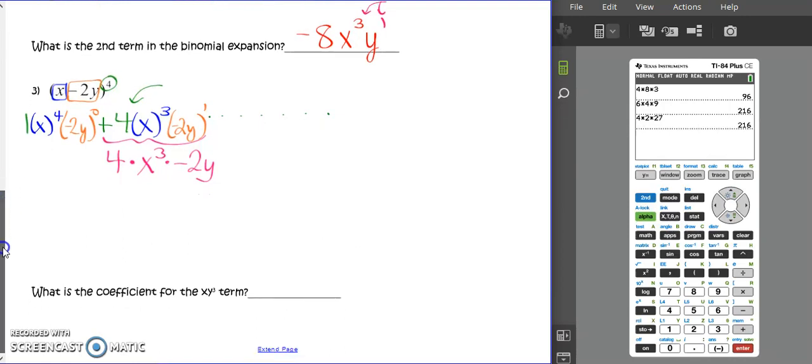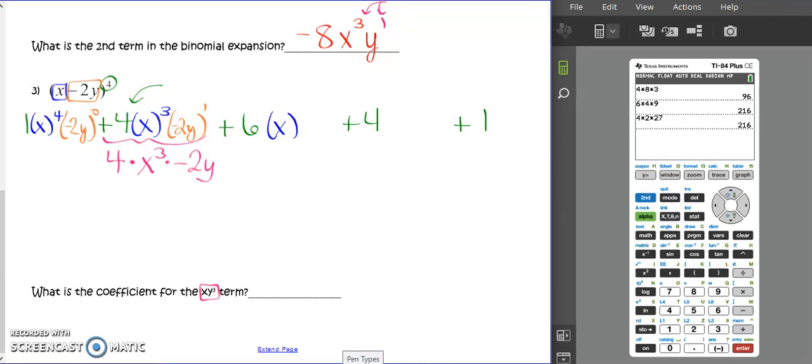Next example. What is the coefficient for the xy to the third term? So we did need to expand it a little bit further. So let's come back up and let's take it further. Okay? So we have plus 6 plus 4 plus 1. Okay, so let's come back to our x's.